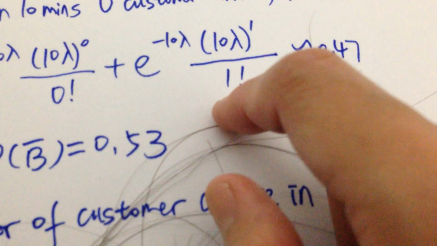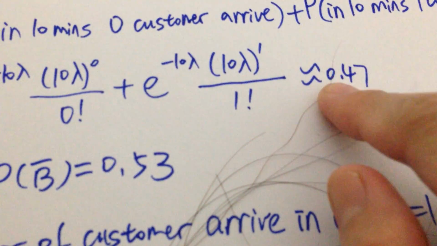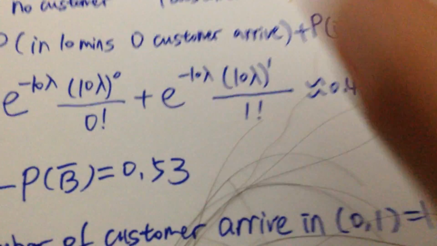And this equation is roughly equal to 0.47.